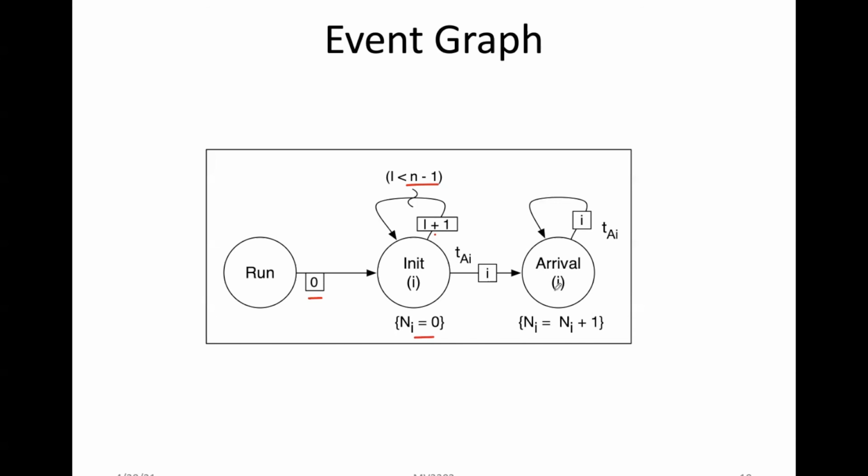Once we trigger that, it's going to schedule the next one. Now it's only passing i, because the ith arrival event is going to schedule the next ith arrival event with an inter-arrival time of t sub a sub i. And every time it happens, we will increment the ith number by 1.